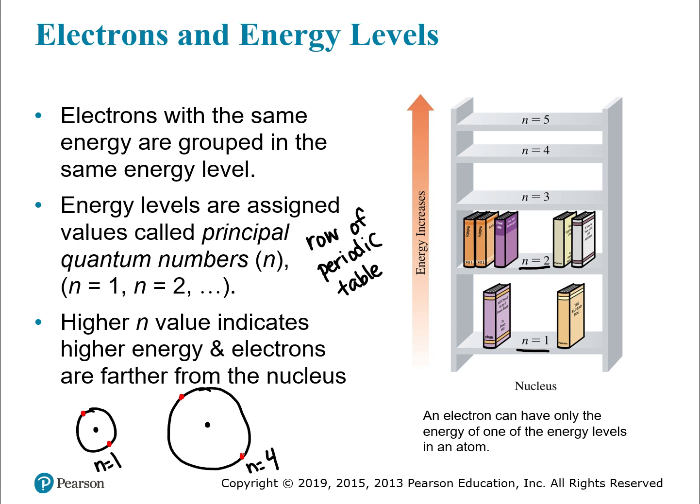So we talked about electrons, same energy level. Yes, question. So yes, you do have more electrons if you are filling all of the energy levels, but let's not talk about number of electrons.